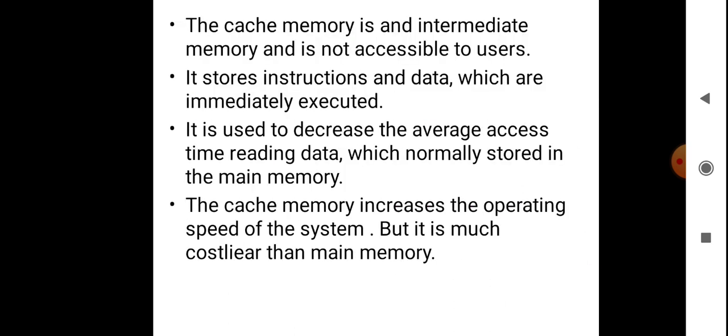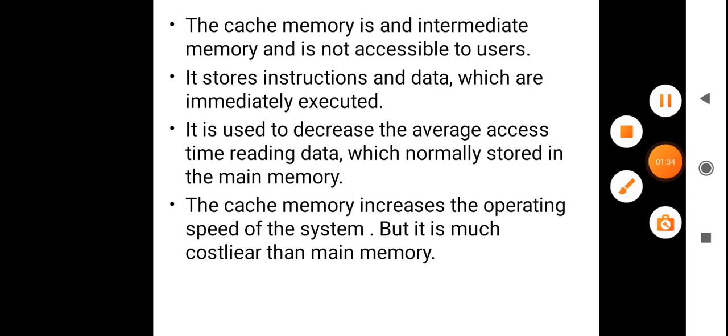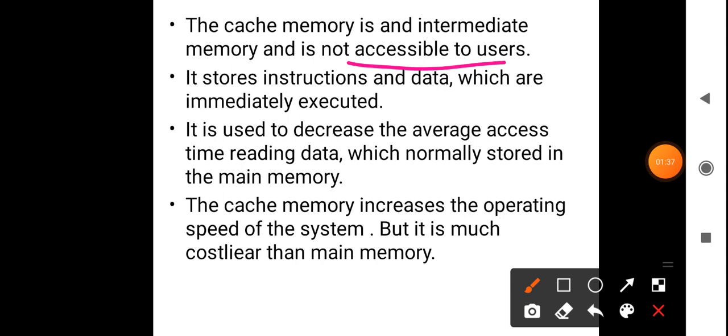Okay. So the next point is, the cache memory is an intermediate memory and it is not accessible to the user. But it can store the instructions and data which are immediately executed.